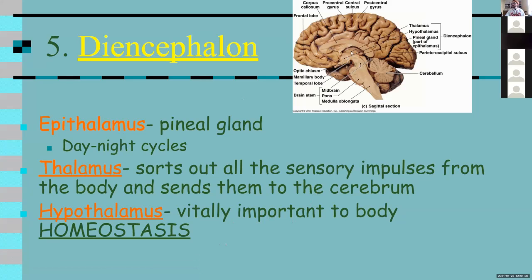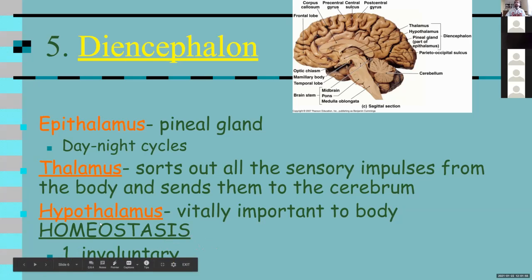Now, the hypothalamus is below the thalamus. Hypo means literally in Latin under. So under the thalamus, we have the hypothalamus. It is vitally important to homeostasis. That's not the only thing it does, but it is vitally important to our body's balancing system.